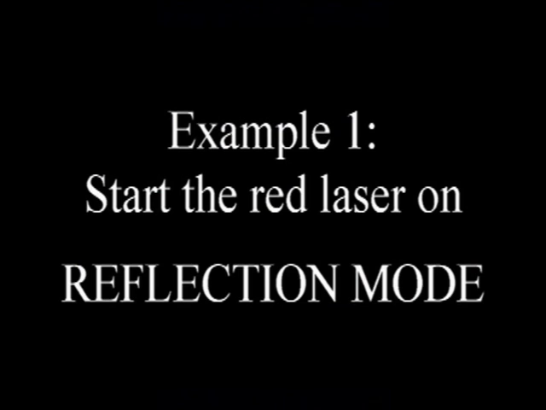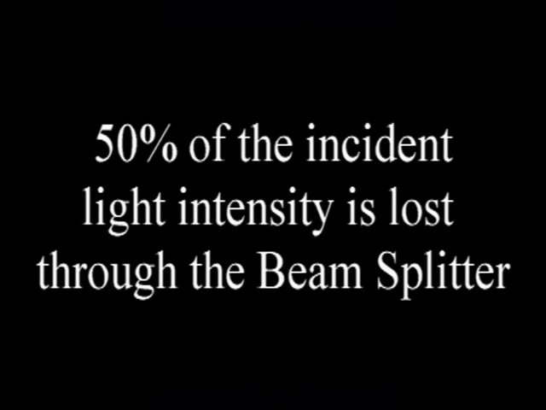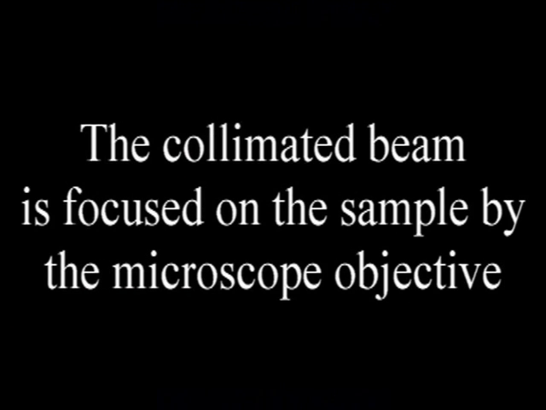You can move the stages, and you can illuminate. For example, here we can start the red laser in reflection mode. We just activated it, as you can see in this example. You can notice the spot of light in the right corner because 50% of the light crosses there.